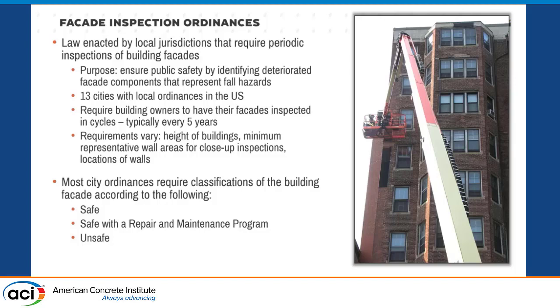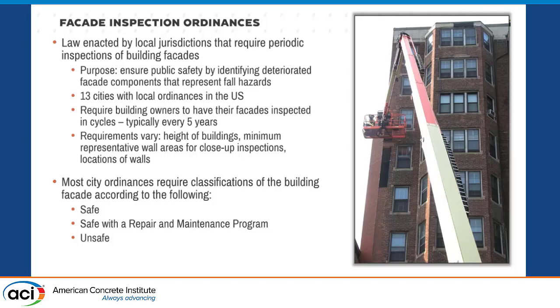So these ordinances require the building owners to have their facades inspected in cycles. It's typically every 5 years. And the requirements vary. Every city has its own requirements. But typically, it depends on the height of the building. It requires a minimum hands-on inspection. Really, you have to touch some of the areas to assess closely.